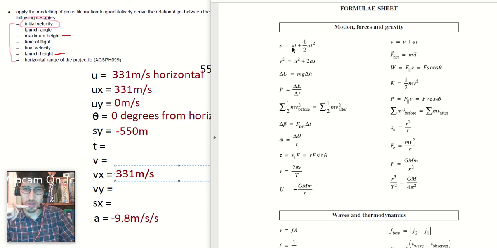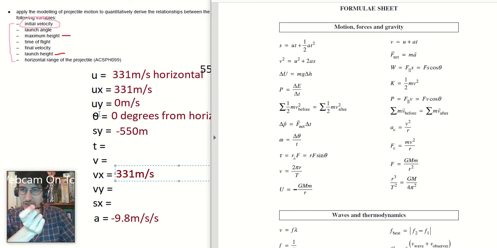One thing about these equations is that they've all got acceleration. If you're looking at vertical motion, acceleration is going to be negative 9.8, and you have to make sure that every other value in here, which is a vector, is also the vertical version of that vector. So S has to be Sy, the vertical one.